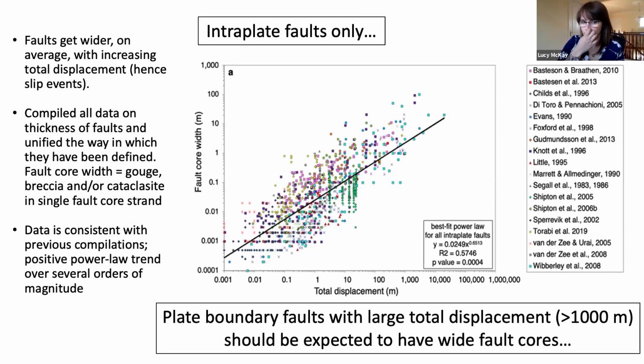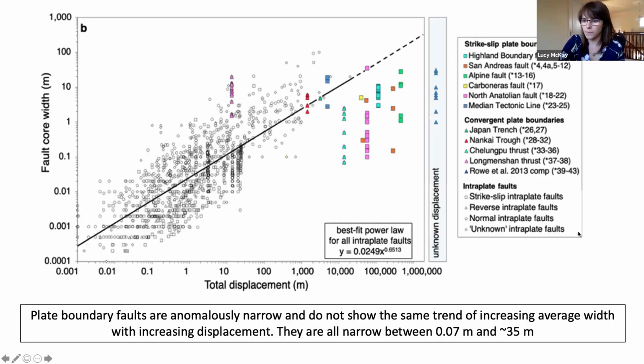However, they do not. So we found that plate boundary faults' fault core thickness is distinct from this trend, and that they're all anomalously narrow, and they don't show the same trend of increasing thickness with increasing displacement. Instead, they're all bound by a minimum and maximum value between 0.07 meters and 35 meters thick.